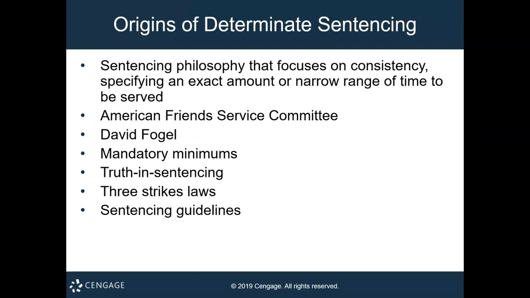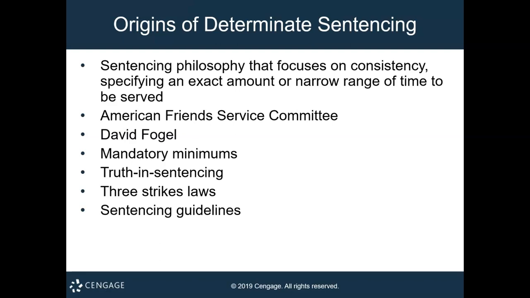not capability, culpability. And then this David Fogel guy, ultimately what his main concern was, he had concerns with indeterminate sentencing in that there were inherent biases, and certain people, usually people of color, were being held in custody longer than those who were not of color.